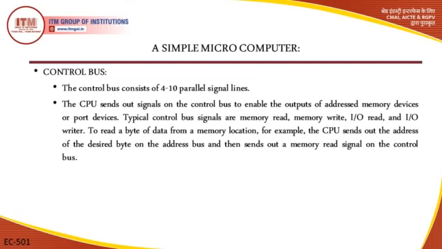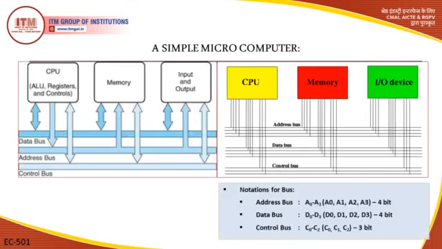To read a byte of data from a memory location, for example, the CPU sends out the address of the desired byte on the address bus and then sends out the memory read signal on the control bus. So first the address reaches that device and then the control signal. So this is all about the bus of the microcomputer.